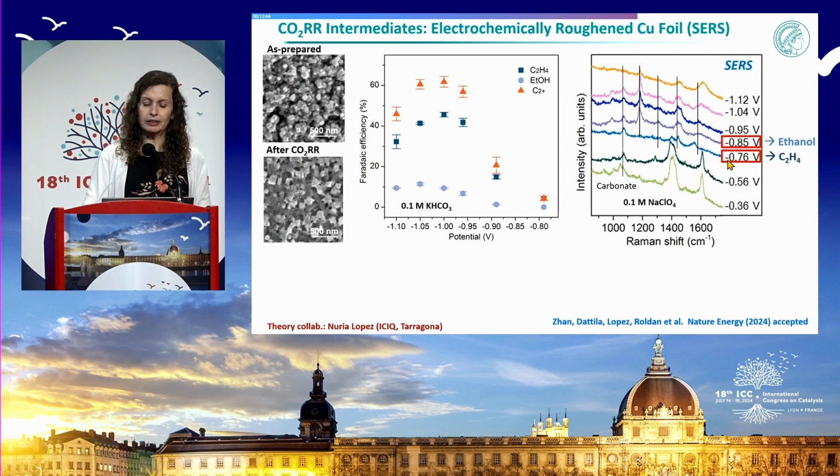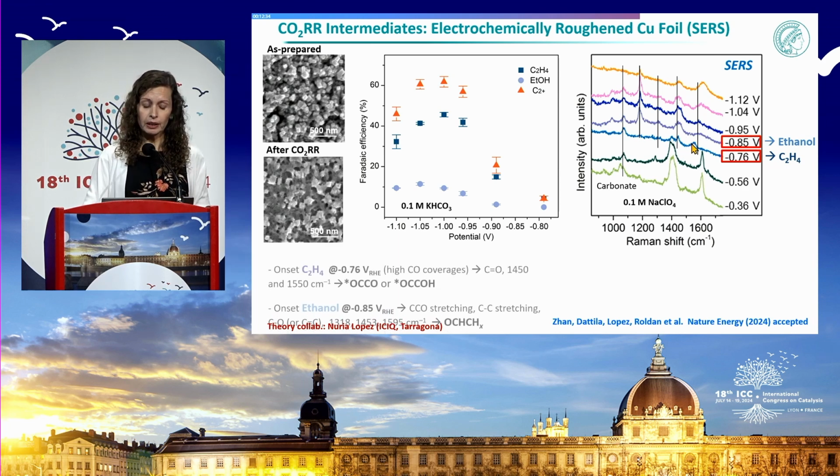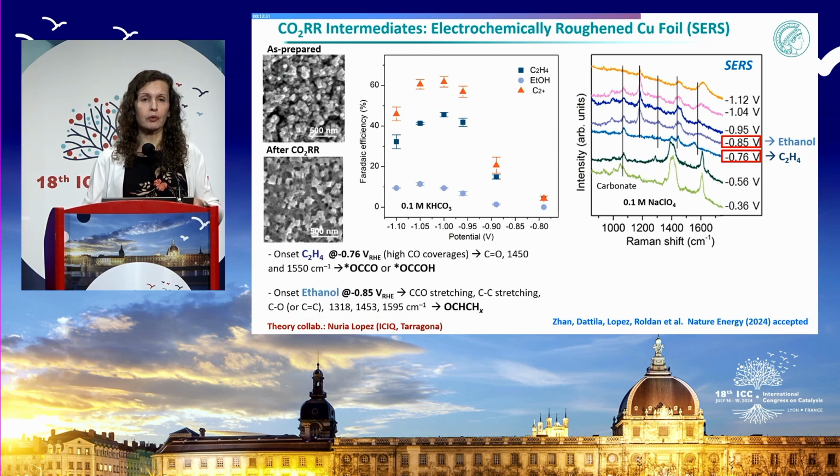The Raman data can be distinguished when you are at the onset of ethylene production and when you are at the onset of ethanol production. You can see by eye that these two spectra look different. And so what we could do, working again with the group of Nuria Lopez in theory, was to try to assign our Raman features, our Raman bands, to specific adsorbate intermediates on the surface.